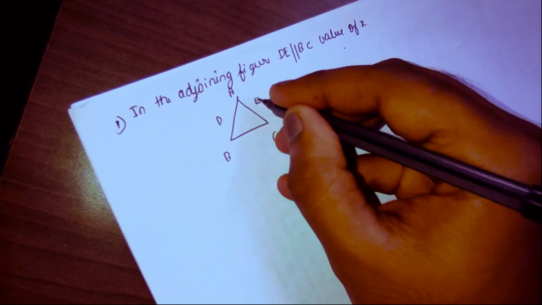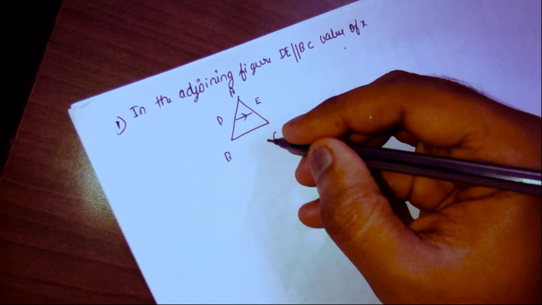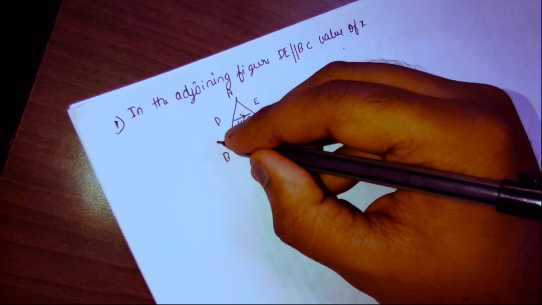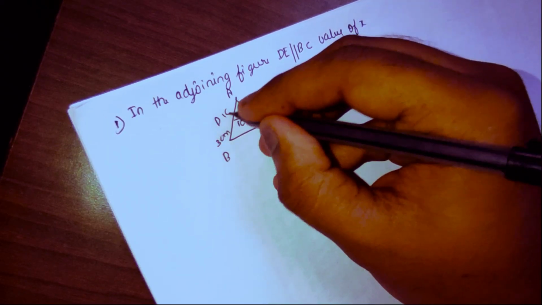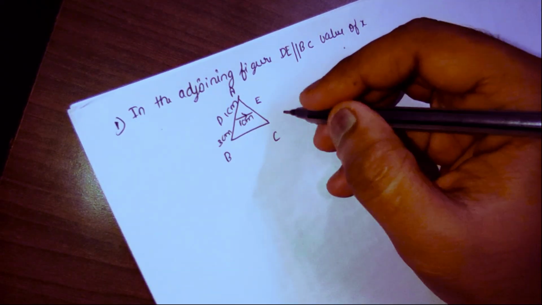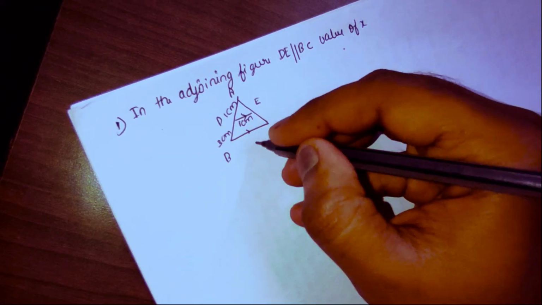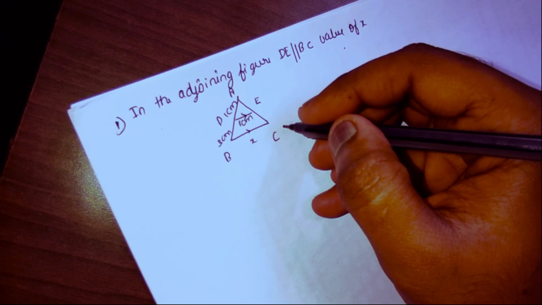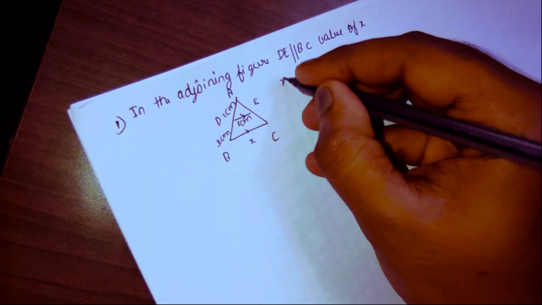Here DE is parallel to BC. This is 1 centimeter. This is 3 centimeter, and this is 1 centimeter. You have to find the value of x. X is nothing but BC. The answer of x is 4 centimeter.